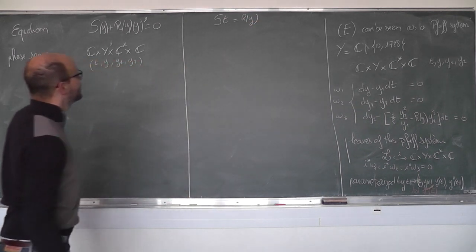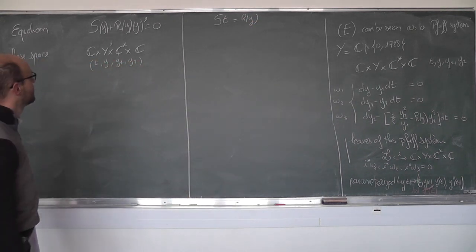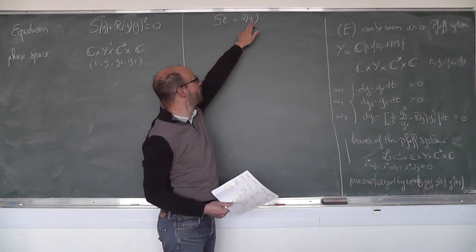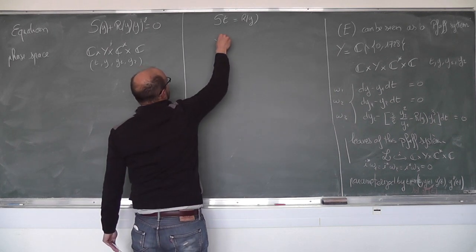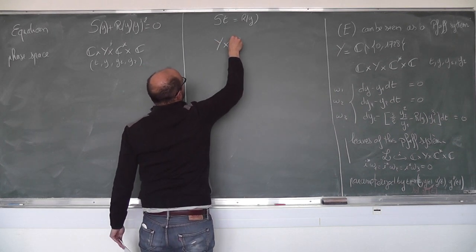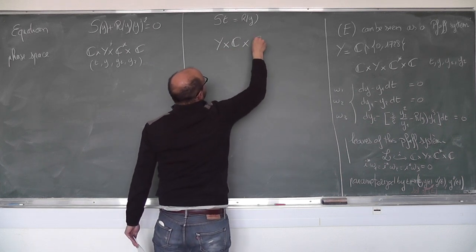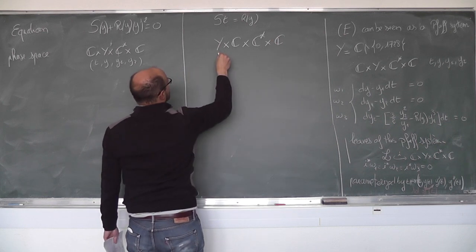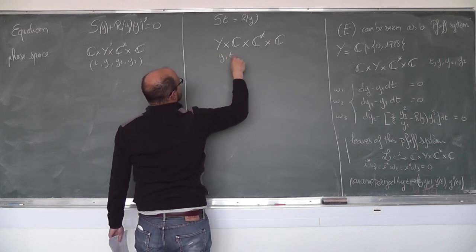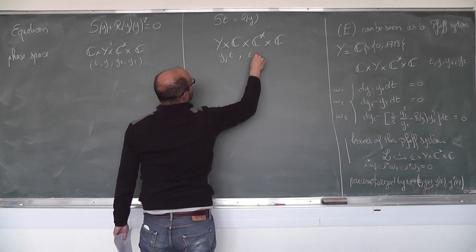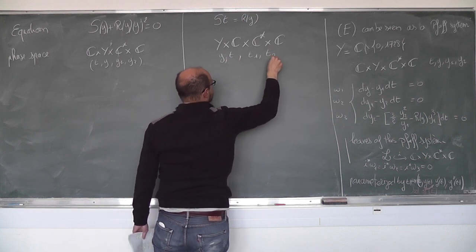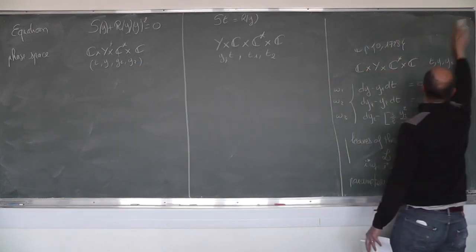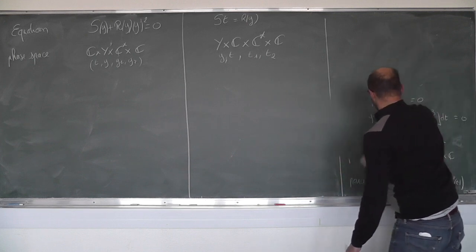But be careful, here we change the derivative, meaning that now we take the derivative of t with respect to y, meaning that the phase space is now C cross Y cross C, C star, C, with coordinates y, t, t1, and t2. And the last equation that we are using is the one we want.